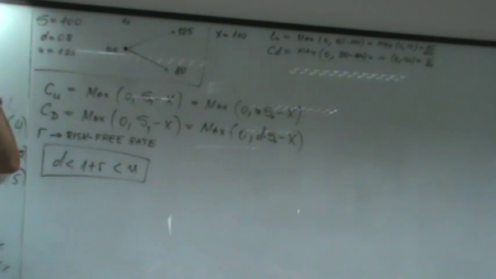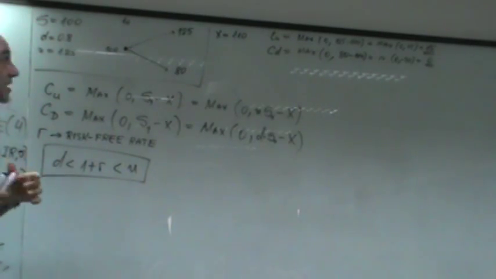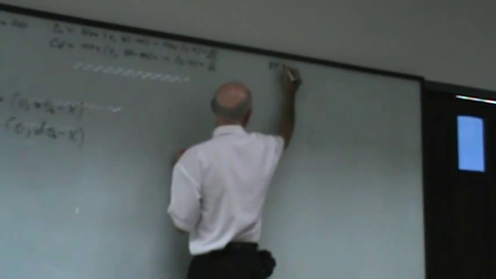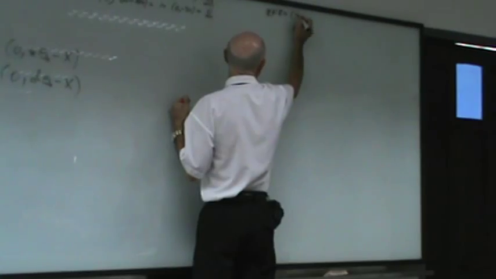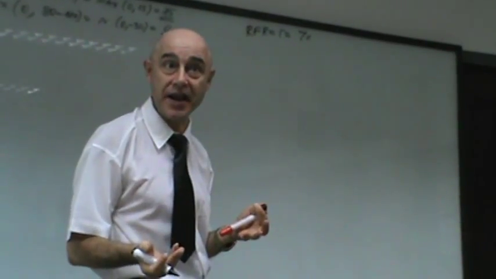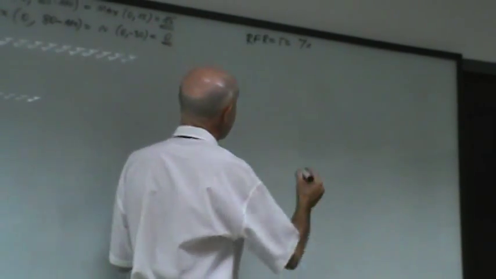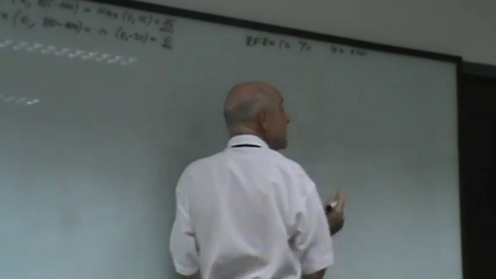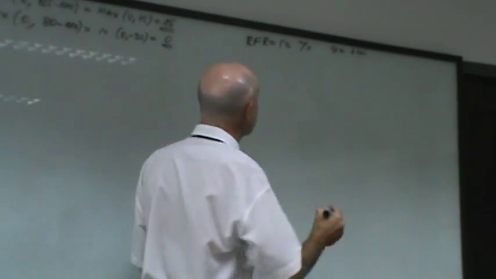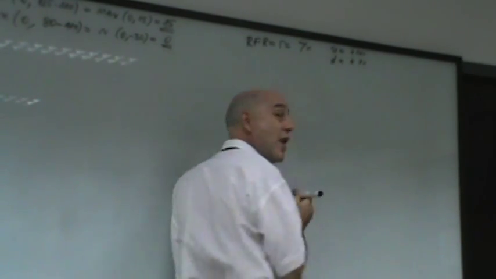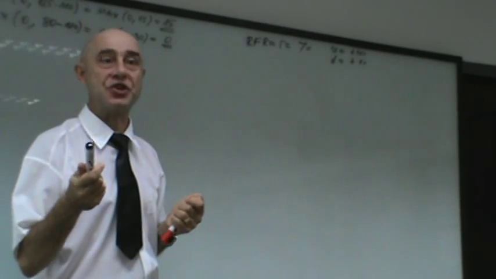Let me clarify this because a lot of people are confused about it. If the risk-free rate R is, let's say, 7%, on the upside you may get plus 10% return, and on the downside you may actually get plus 1% return.